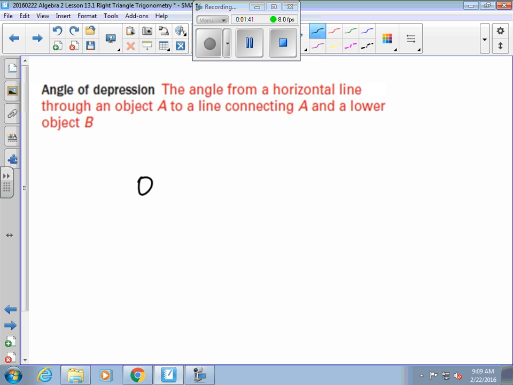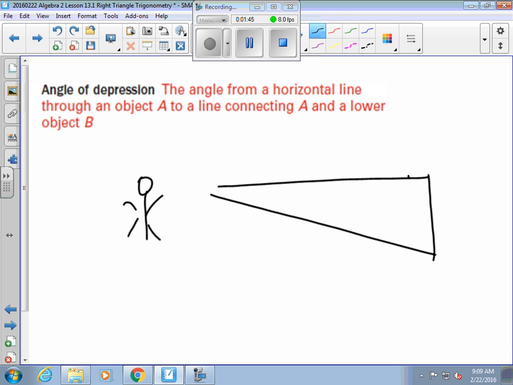So you're looking from this perspective right here, the angle will look like this. Still everything's the same, but that's your angle of depression going that direction, unlike your angle of elevation, which is going up. So it's just talking about a higher object and a lower object. It's a real simple concept. But if you see those two terms, angle of depression or angle of elevation, that's what it's talking about.